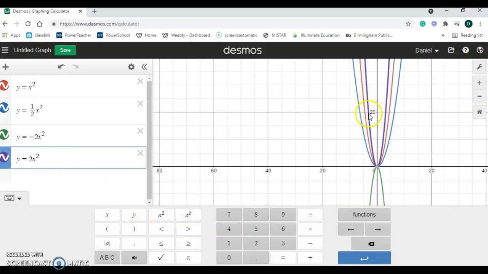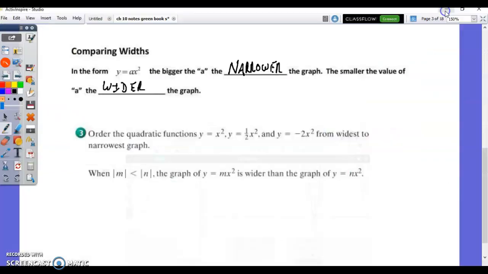All right, there you can now see the difference between all three graphs. So the narrowest is going to be the negative 2x squared in this example, or the 2x squared here. The next, the red one here, would be the x squared, and the half would be our widest. So as we're doing these types of questions, if you need to use that Desmos calculator to type that in, you can, and then you can actually visibly see them.